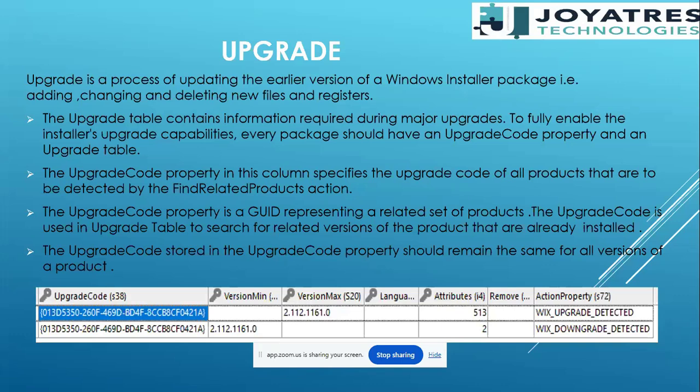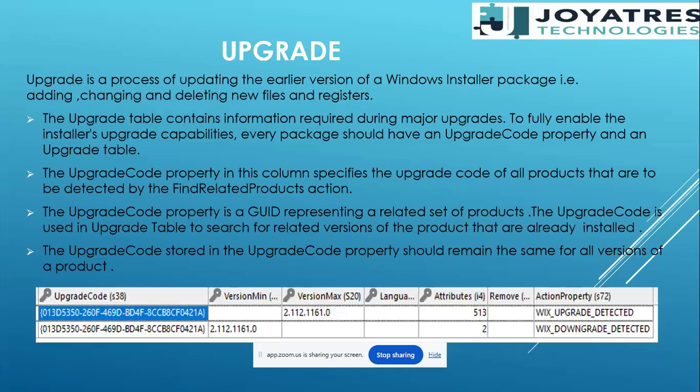For an example, you have to upgrade to version 2. Maybe some users will have version 1, maybe some users will have version 1.5, 1.6, 1.7, 1.8, 1.9. Whatever the version is there, it is going to uninstall all of that previous version and then upgrade it to version 2 which you are going to package. So that version is this version max and version minimum.